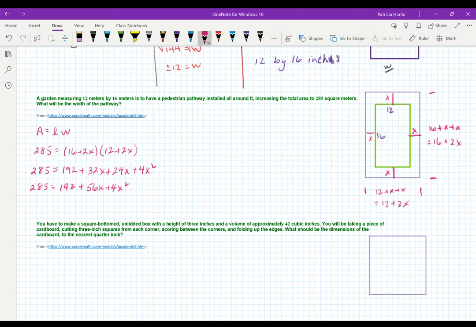Okay, now since we have to solve the quadratic for x because we want to find out the width of that pathway, we're going to set it equal to 0 and solve. So I'm going to move my 285 over to the other side, and I'm going to get this. So 192 minus 285, negative 93, plus 56x plus 4x squared equals 0.